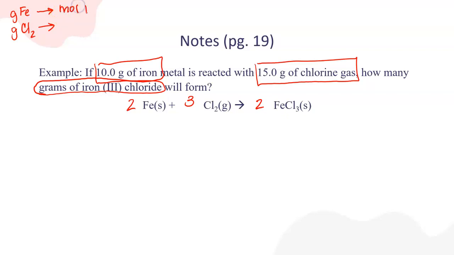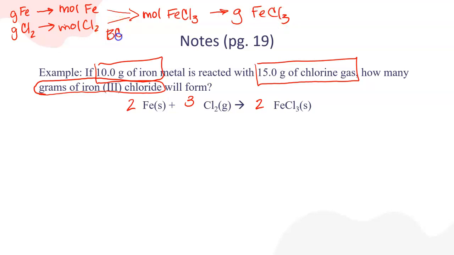Moles. And then we can find from both of these the moles of what we wanted, which is iron 3 chloride. And then since it asks for grams, we can go to grams of the iron 3 chloride, right? Here where they converge, we use a BCA table to reduce the amount of work we use and allow us to see all the numbers all together. Okay, so we have 1, 2, 3 steps.